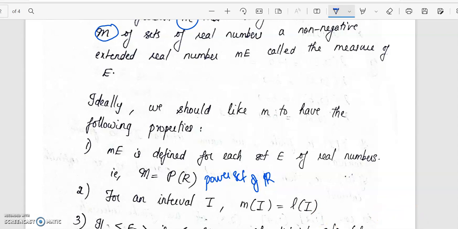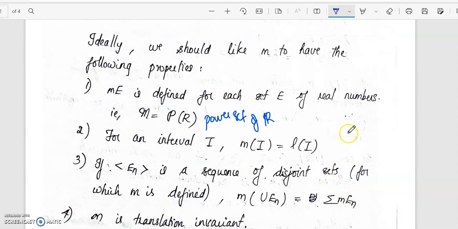Second, for an interval I, that means you can have a closed interval [a, b], or bounded intervals that can be closed, open, or open on one side, or you can have infinite intervals. Whenever you have an interval, the measure must be equal to the length of the interval. So measure of an interval will be its length.